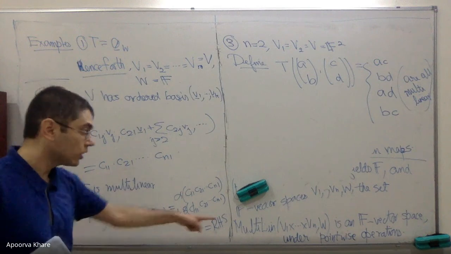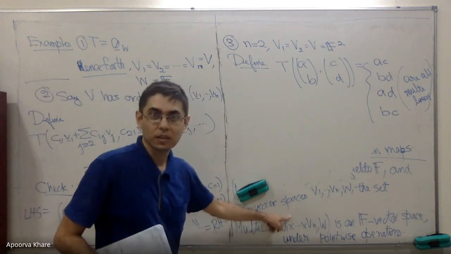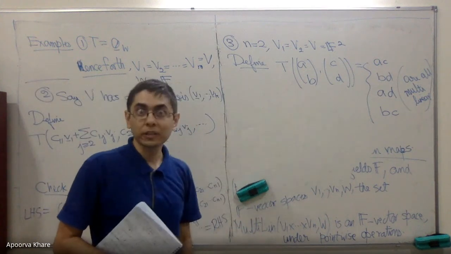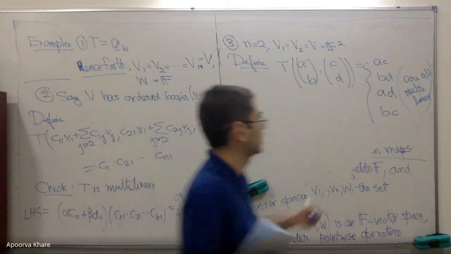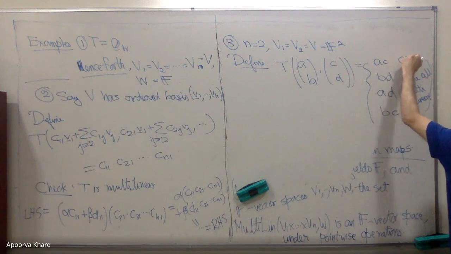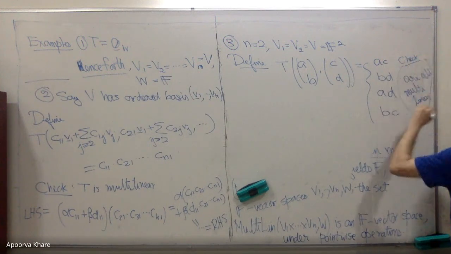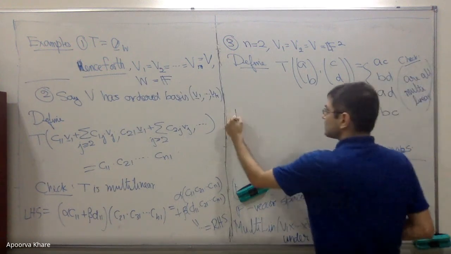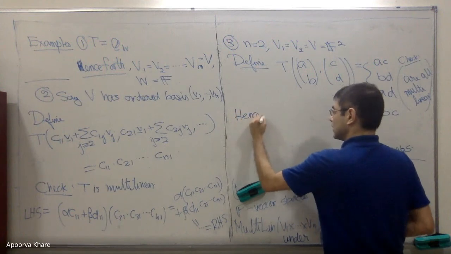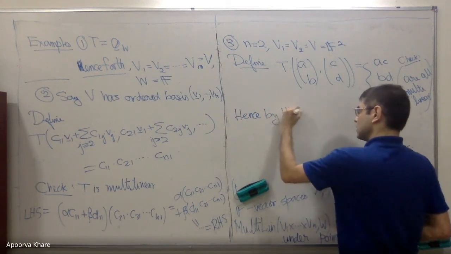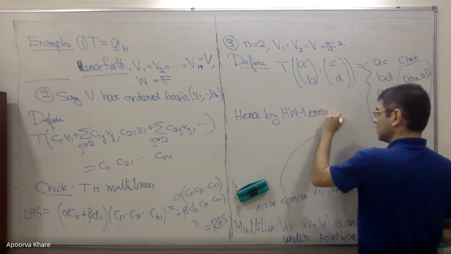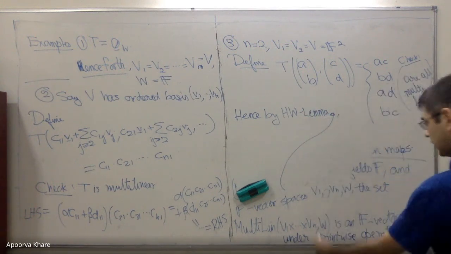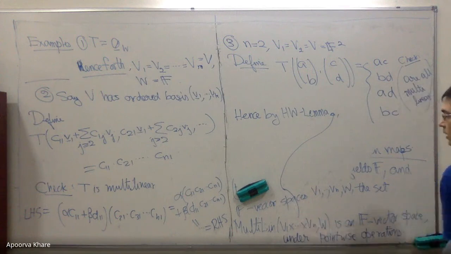But now you see, because this thing is a vector space, I can take linear combinations of these maps, and those are also multilinear maps. So you have to check they are all multilinear. But therefore, hence by the lemma, this thing here is an F vector space.